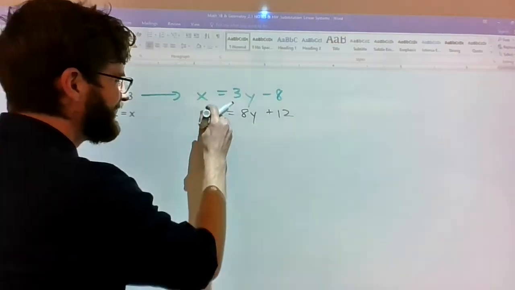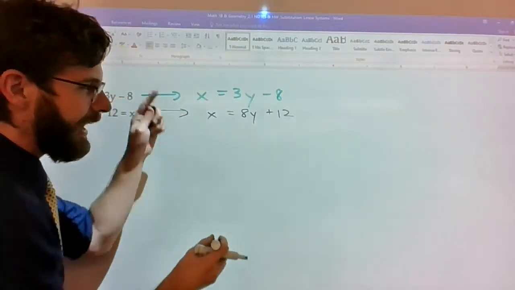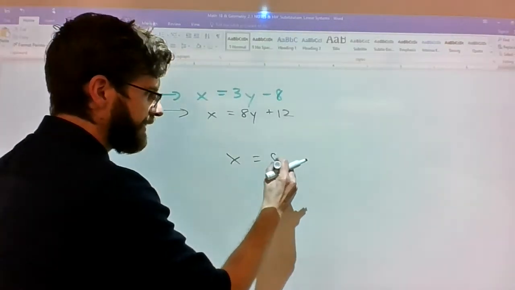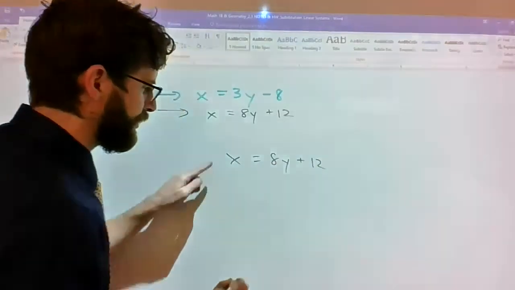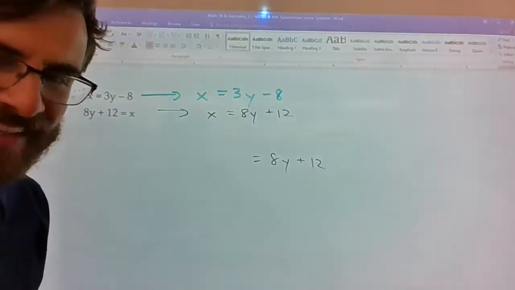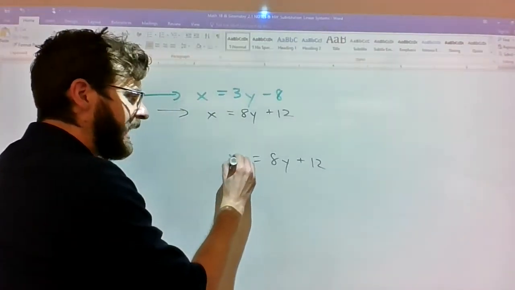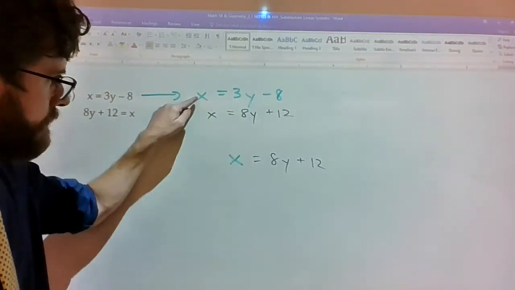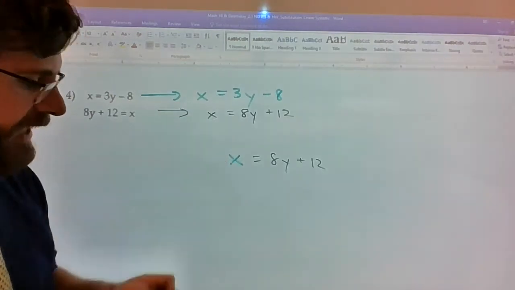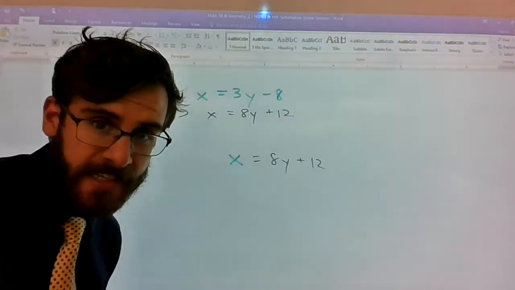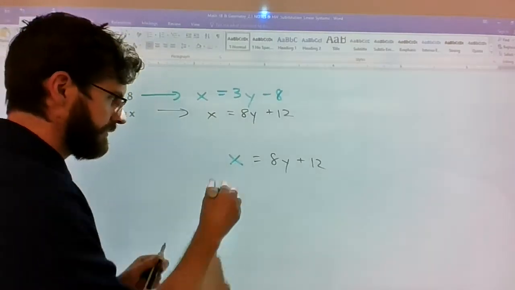Hold on. So here are our two equations. I'm rewriting the second one, but I'm saying, hey, the black x here is exactly the same as the green x here. The black x is the same as the green x. And the green x is the same as 3y minus 8.